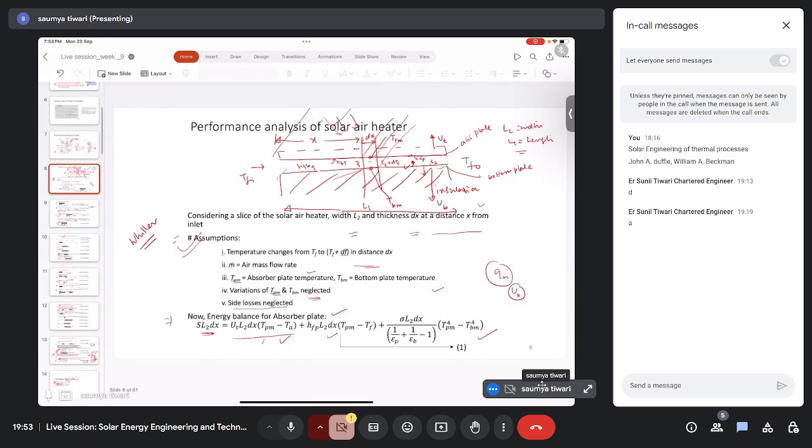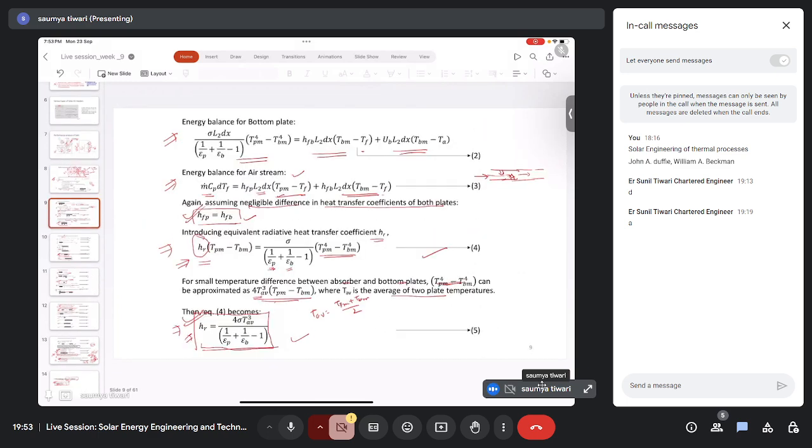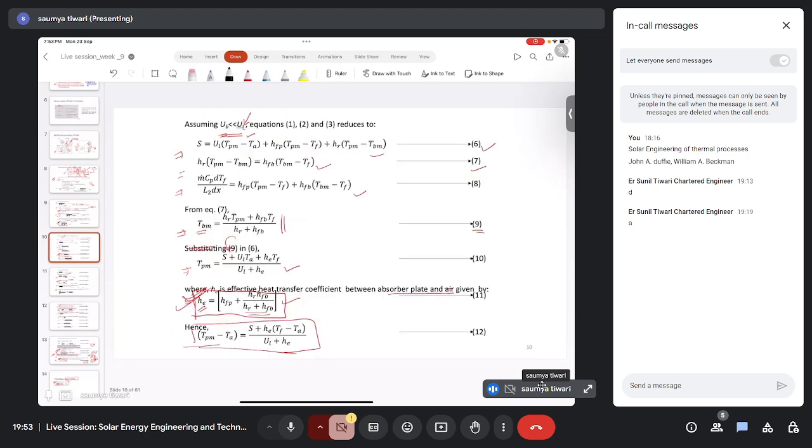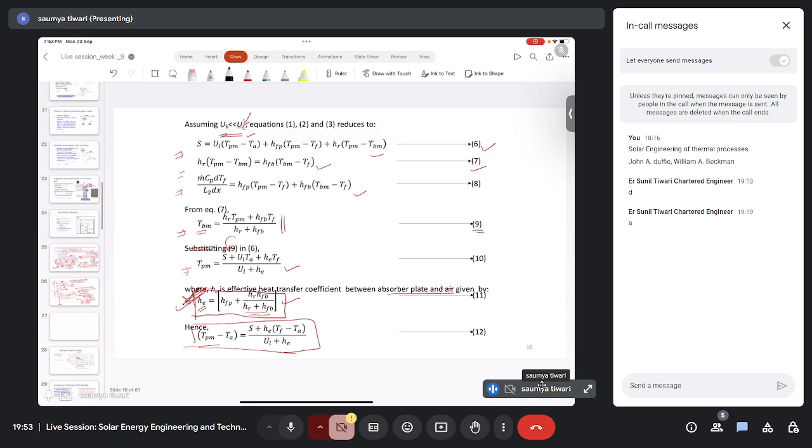What we have done till now is calculate the heat transfer coefficient for both plates, and we have calculated the HR value. Now we can calculate the effective heat transfer coefficient between the absorber plate and the air.